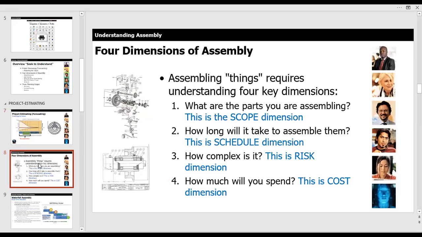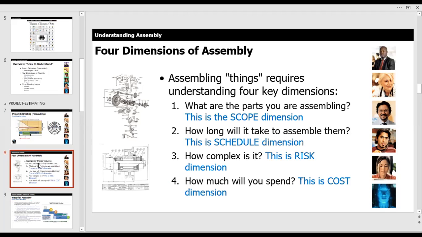So there's 2 parts. There's before you've created them the first time, which is creation. And then once you've created them, if you set them up for reuse, then they become an assembly part. So again, I'll try to touch on a little bit of both as we go through this process. But for the sake of simplicity, we're going to assume that we've already created them and now they're in inventory.